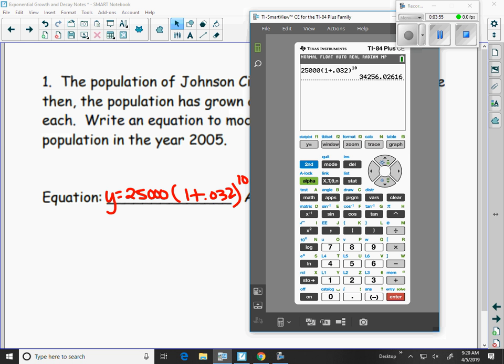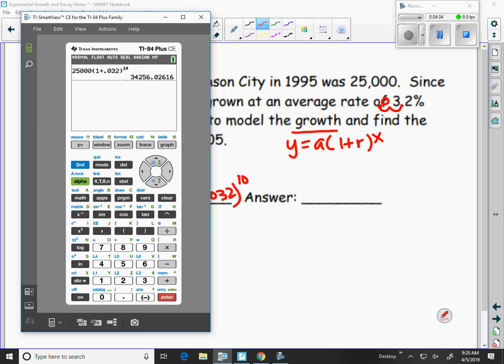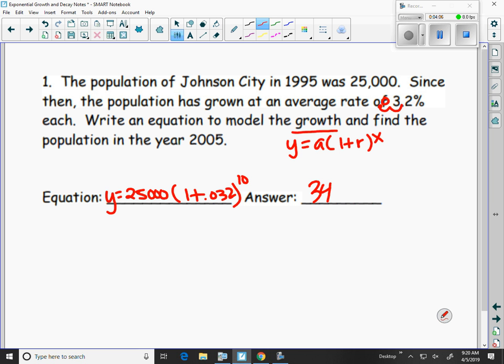So it looks like a little over 34,000 is what that population would be predicted to be. Questions on that?